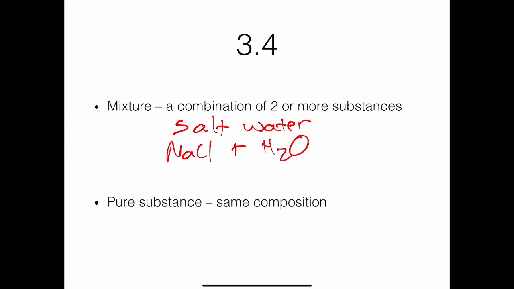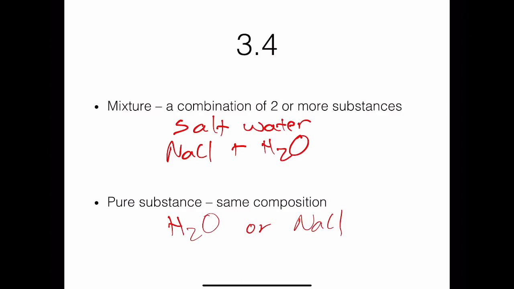A pure substance is something that always has the same composition. So a pure substance would be something like H2O or NaCl. These things have the same composition independent of each other, not when they are mixed together. They can't be separated any further by physical means.